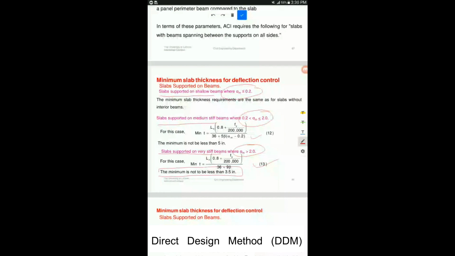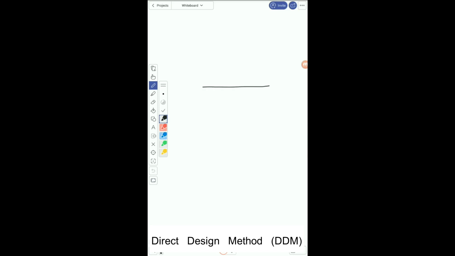What is alpha m? I'll just explain it to you. Previously, we have calculated alphas for beams. For example, we have a slab panel here, which is resting on beams on all four sides. Let's say the value of alpha calculated for this beam is alpha 1, for this one alpha 2, for this beam alpha 3, and for this beam alpha 4.